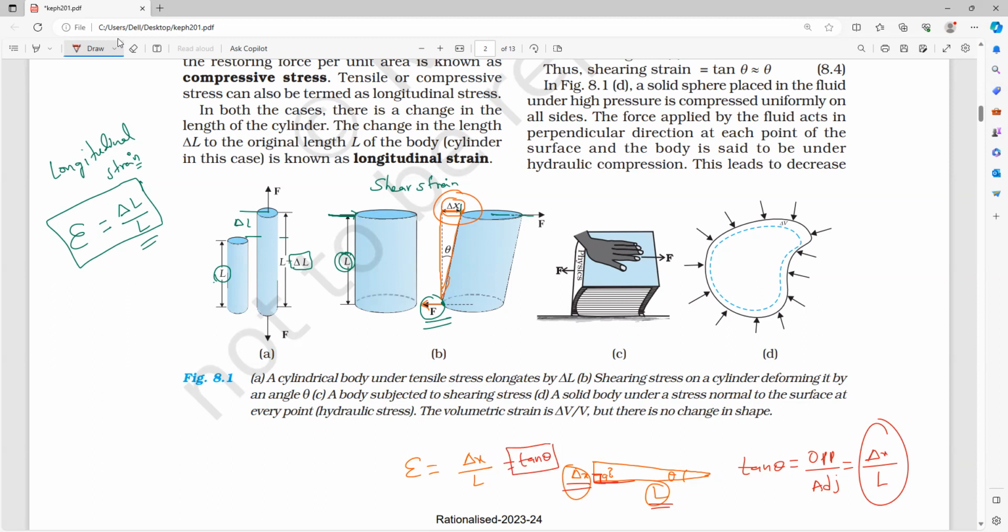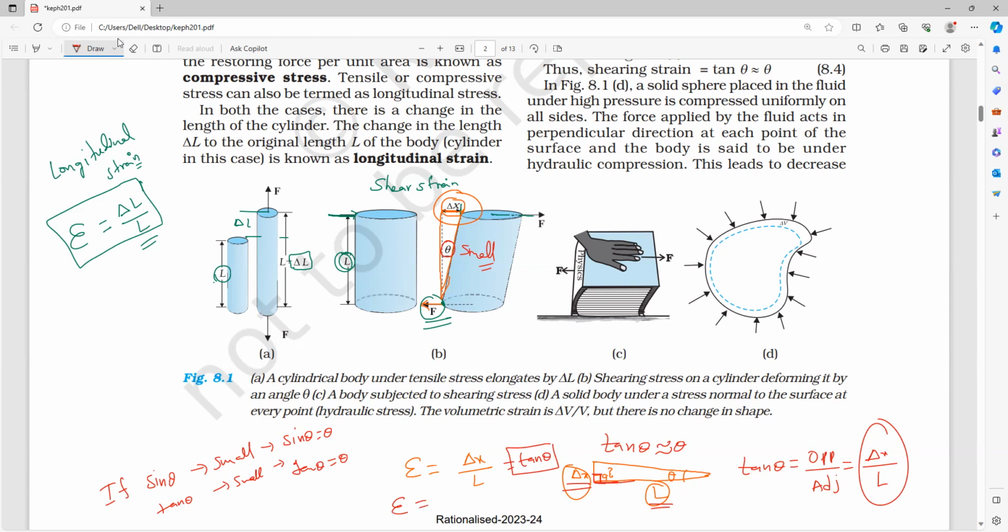Now, in mathematics, there is a phenomenon. If theta is extremely small, then sine theta becomes theta and tan theta is also considered as theta. So if theta is extremely small, tan theta is approximately equals to theta.